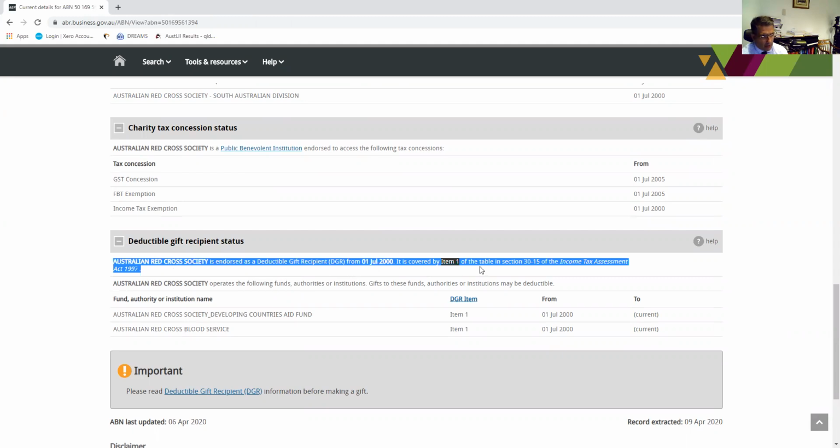It is covered by item 1 of the table in section 30-15 of the 1997 Income Tax Assessment Act.